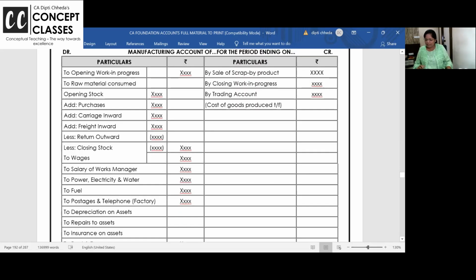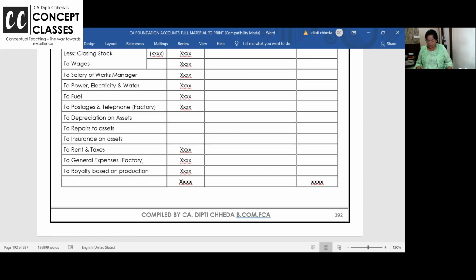Now, on the credit side, you have closing work in progress. What is closing work in progress? Something is still lying in between. Next is sale of scrap. And next is the trading account. The balancing figure, after opening stock, raw material consumed and all, less closing stock, will be transferred to finished goods.